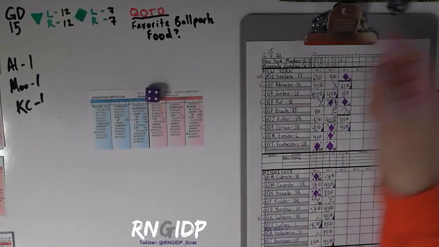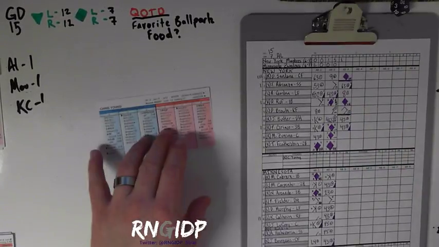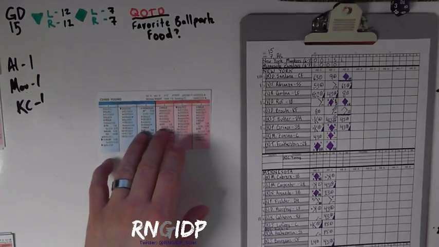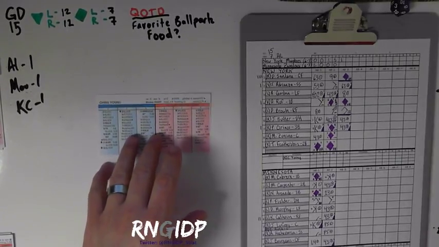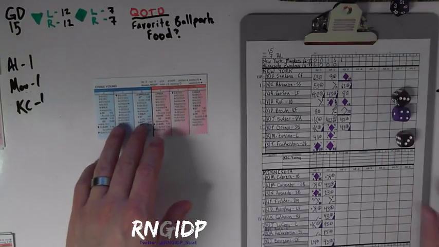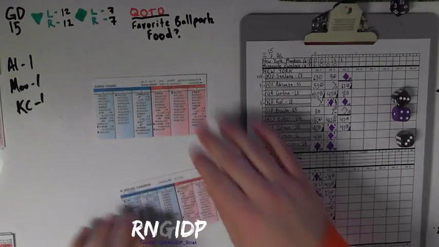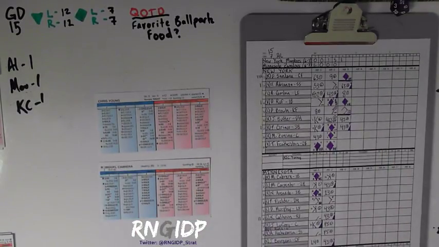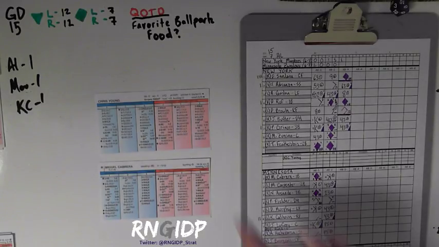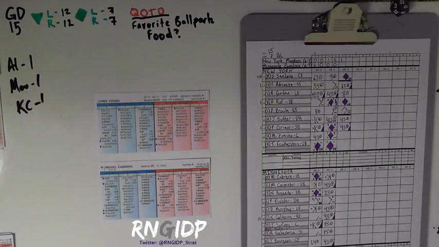And much to the chagrin of the fans in this chat, it's a 7-2 ball game. And I never told you my favorite ballpark food. My favorite ballpark food, I go to Coors Field probably, I don't know, anywhere from 1 to 5 times a year. I really like nachos.